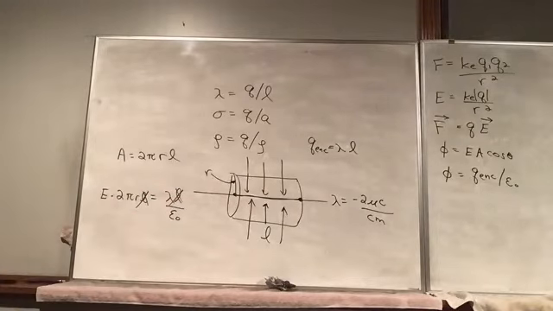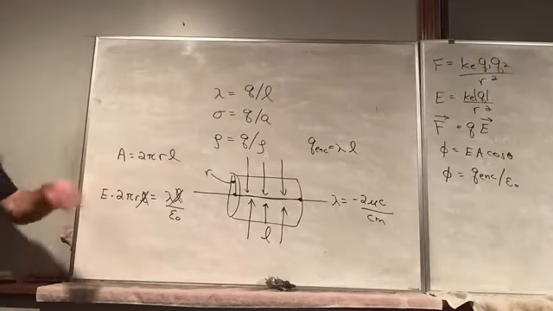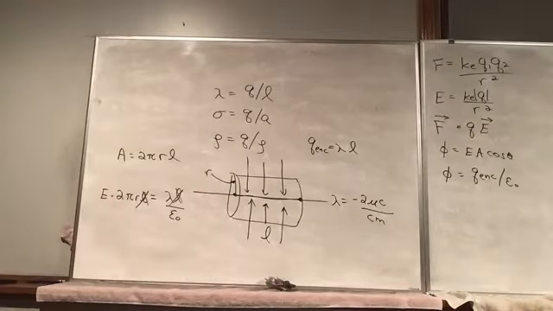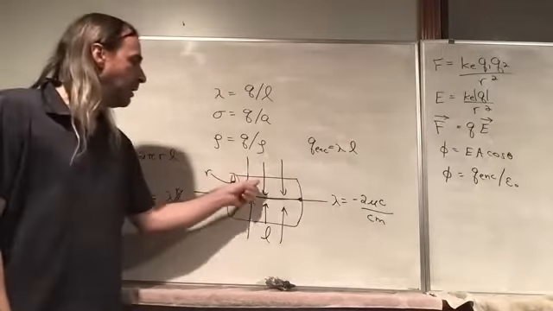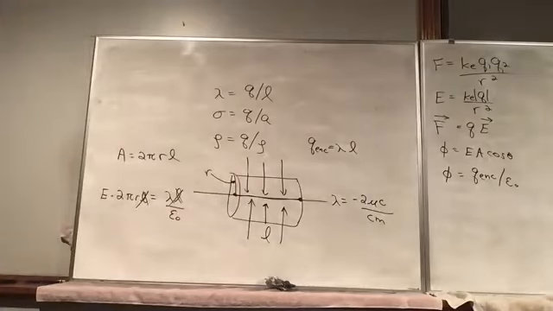And notice that the L cancels out, so we can just solve for the electric field. There are only a few cases where you can actually use Gauss's law to find electric fields directly. This is one of them. Point charges or spherically symmetric charges as well, or an infinite plane.